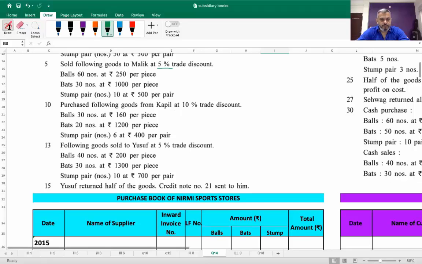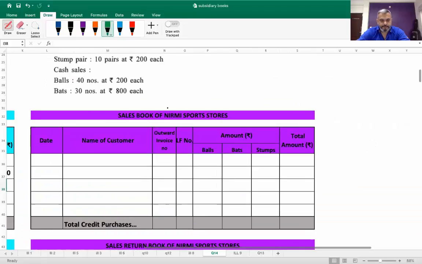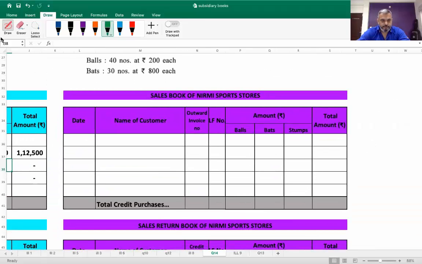So let's go to sales book 2015 May 5. Malik account. Outward invoice number not given. Balls 60 into 250, 15,000, 5%, so 14,250.